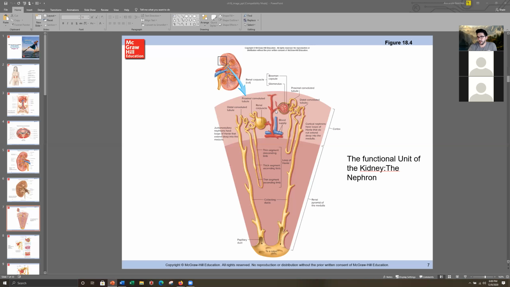So A for away, E for exiting, okay? So this little bed of capillaries then gets a specialized name that we call the glomerulus. The glomerulus is where all of our filtration is going to be occurring. So things entering and exiting the bloodstream into the kidneys starts here, right?